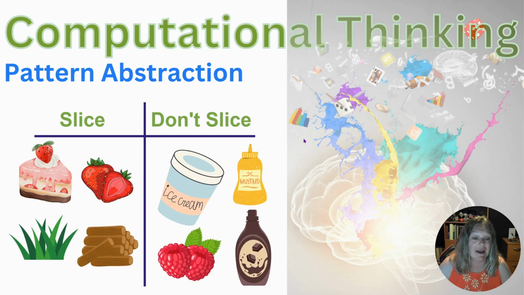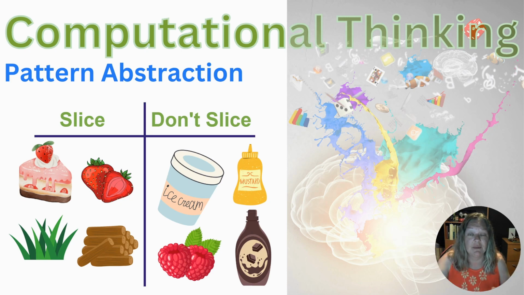Now, if we move to pattern abstraction, okay, so a pizza is made up of a whole bunch of different parts. And some of those parts we have to slice up before we can put them on the pizza, and some of them we don't slice up before we put on the pizza. Can you think of other things that we need to slice before we use or maybe eat them? And you think of things that aren't sliced. And we might come up mostly with food things, particularly at a young age like grade 2.